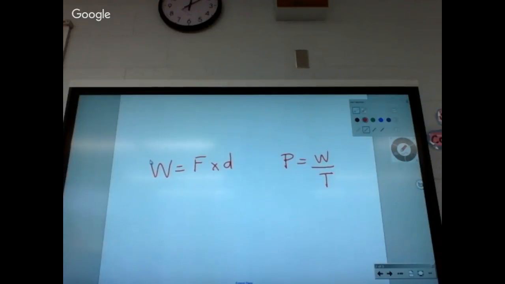Solve. So it's the opposite of multiply. Divide on both sides. You doing W? Yep. Set it up right. Set up correct.